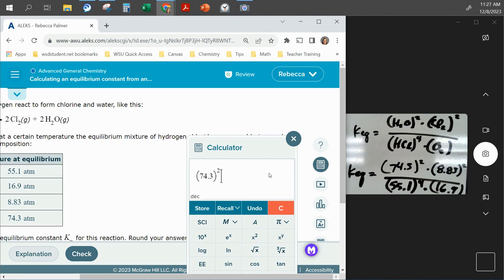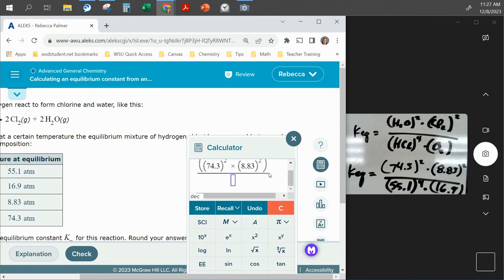And then times 8.83 squared. Oops, I meant to put my parentheses around the whole top. There we go.